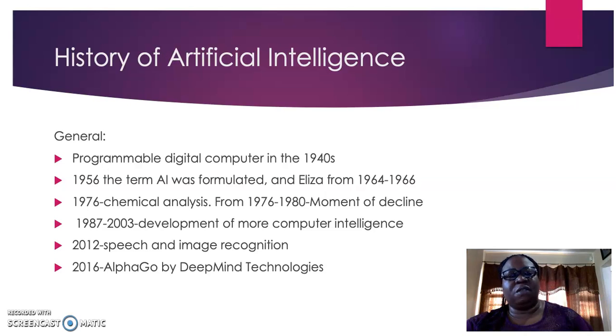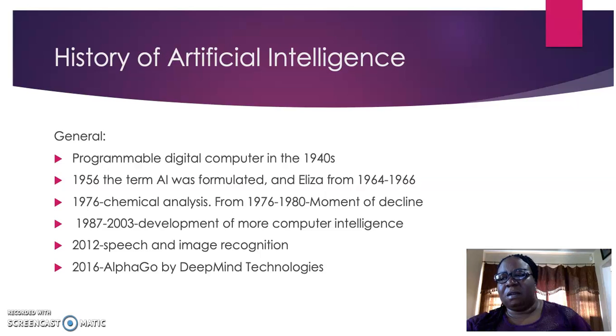The history of artificial intelligence dates back to the invention of the programmable digital computer in the 1940s. In 1956, the term artificial intelligence was formulated.